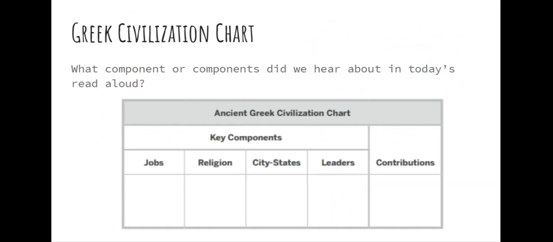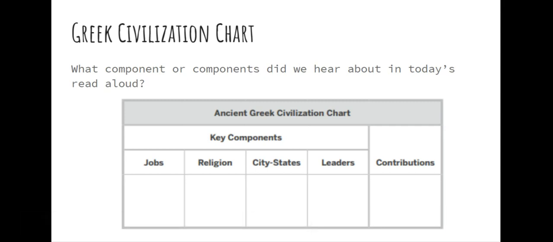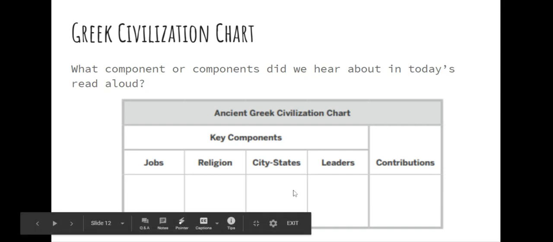So, this is a big one. We're talking about our civilization charts. We're filling this chart in day by day, and tomorrow we will have a bigger chart, and I'll show you guys that tomorrow on our screen. But today we talked about 3 different components. We already talked about Athens as a city-state, so it's not that one.